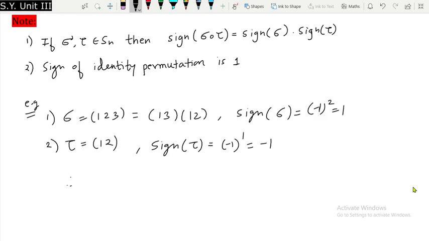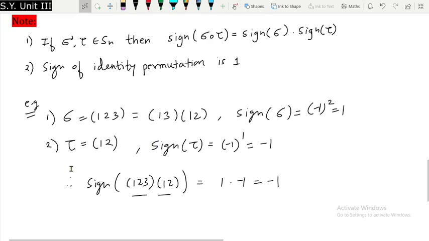So what will be the sign of this element, sigma composed with tau? Can you guess it? It will be minus 1, because this is our sigma and this is our tau. So the sign of this element is going to be 1 multiplied by minus 1, which is nothing but minus 1.